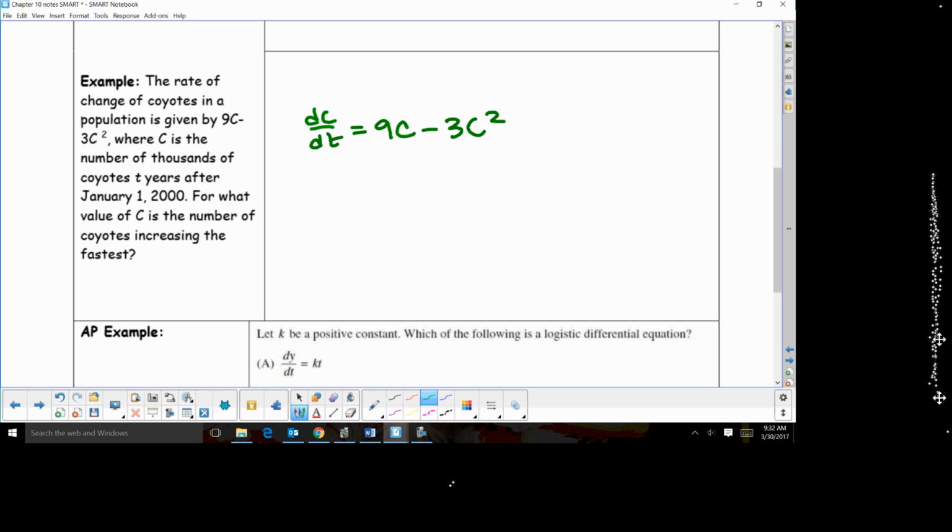Doesn't quite look logistic, but I can factor out a 3c.